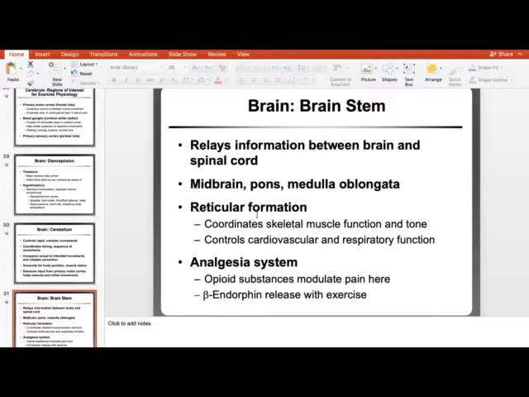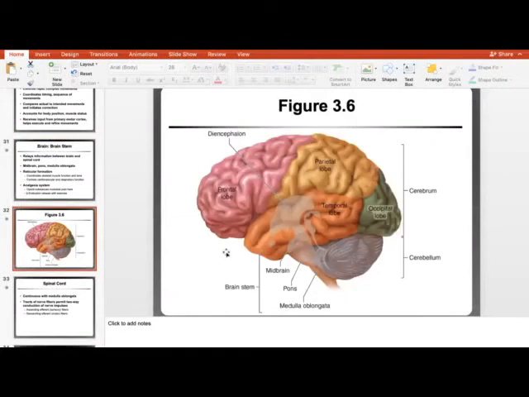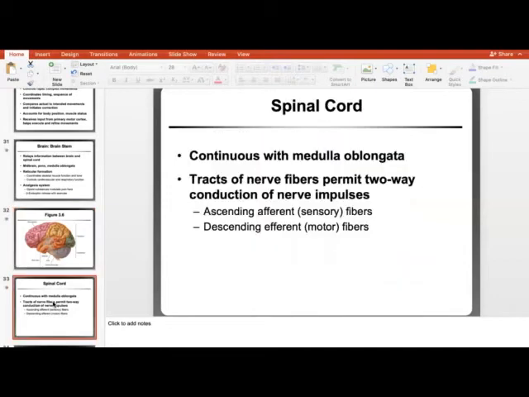The reticular formation is where skeletal muscle function and tone is coordinated, along with your cardiovascular system. I don't think that it's 100% necessary for you to know all of this neural anatomy. So just be aware that there are different parts of the brain. People try to attribute each part to different responsibilities, which is a mechanistic approach. And I think that we could probably move on to the spinal cord.